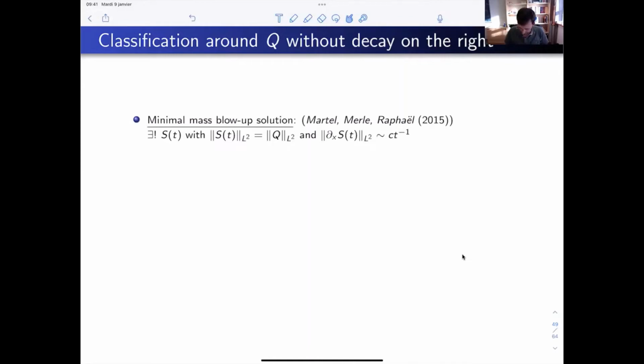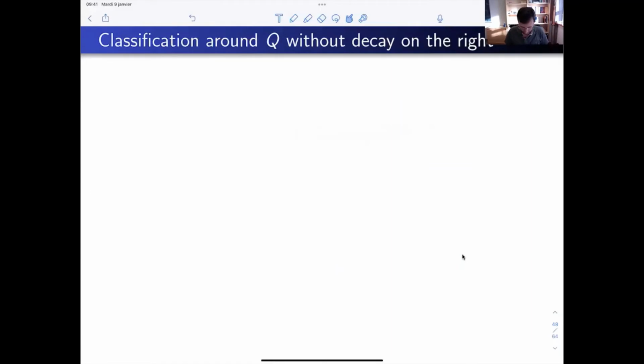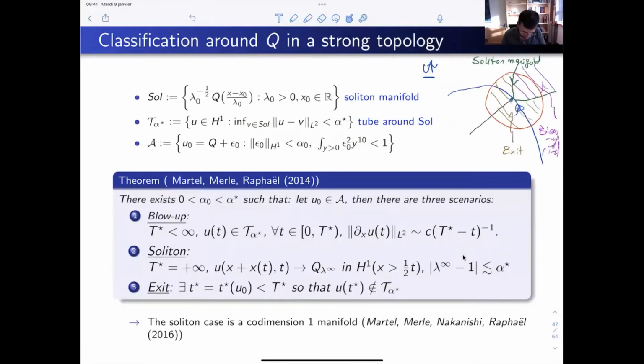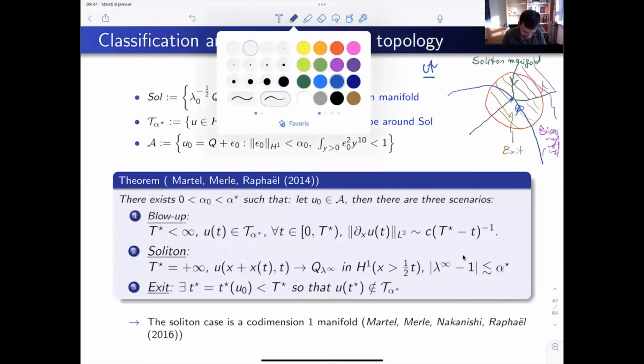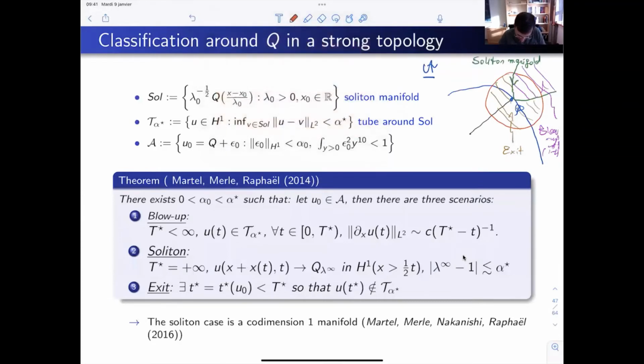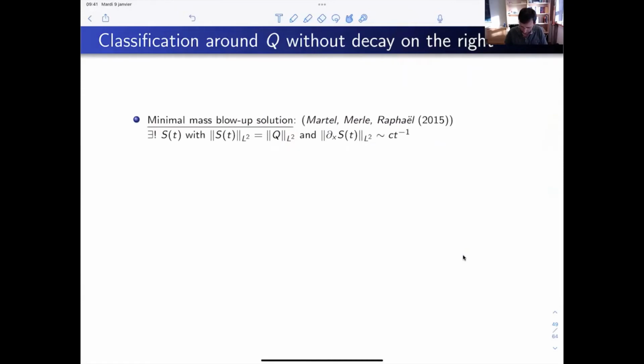So if I come back here, my minimal mass blow-up solution is here, maybe S of T. But of course, it doesn't belong to A, so it doesn't enter in this classification. That's the point.